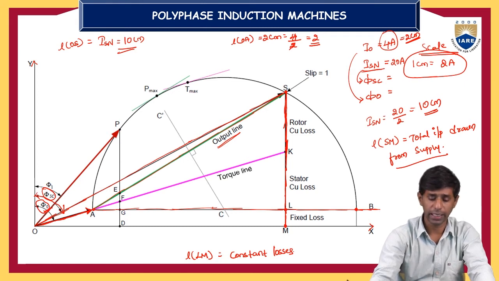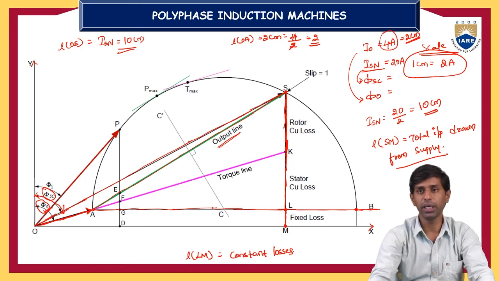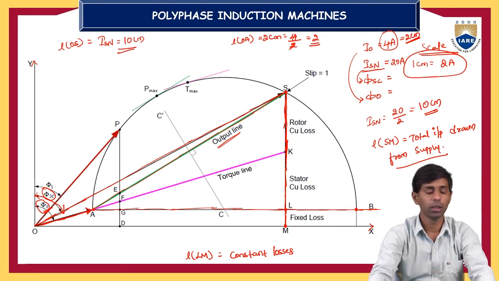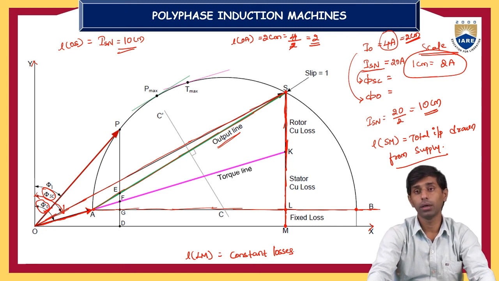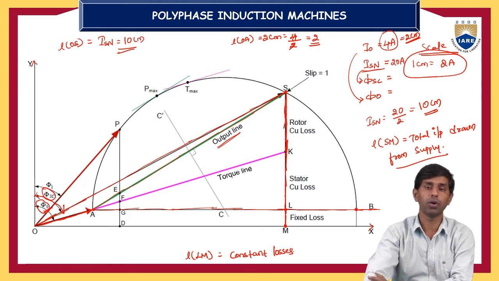Under the blocked rotor test, the total input power has to meet the stator copper losses as well as the rotor copper losses and fixed losses. We usually neglect the fixed losses when reduced voltage VSC is applied.